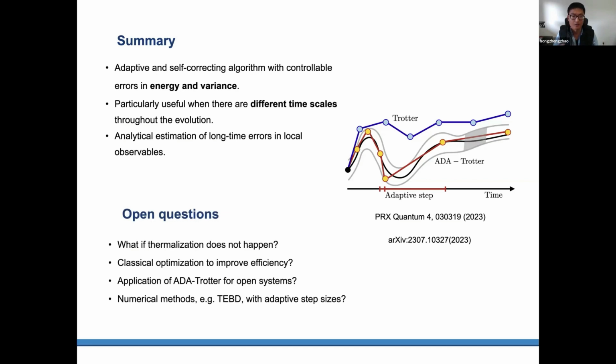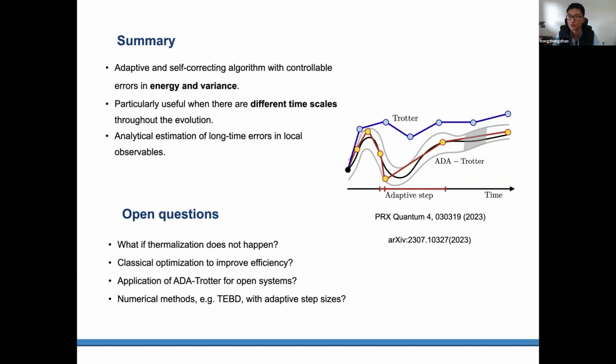There are also a few open questions. The obvious one is, what if statistics somehow fails or thermalization does not happen? For instance, what if you have a many-body localized system? Is our method still suitable to adapt the step size? Or is it possible to involve some classical optimization procedure to improve the efficiency of our algorithm?